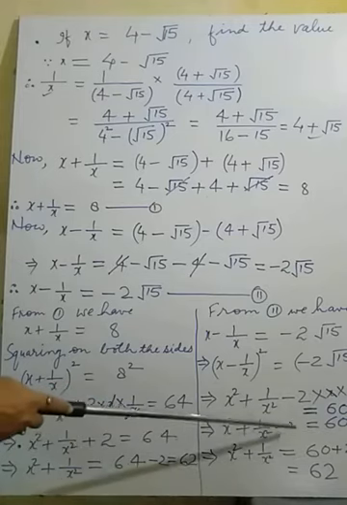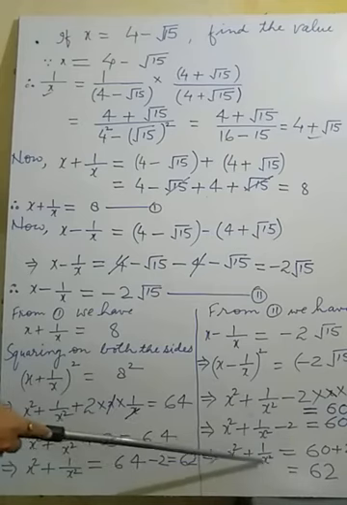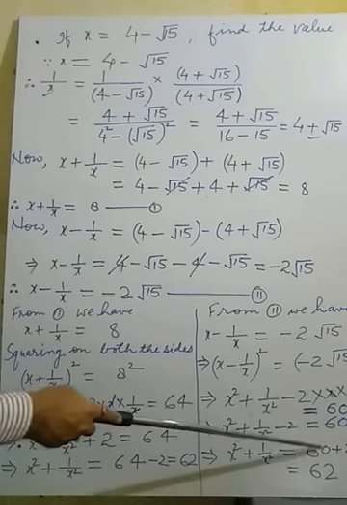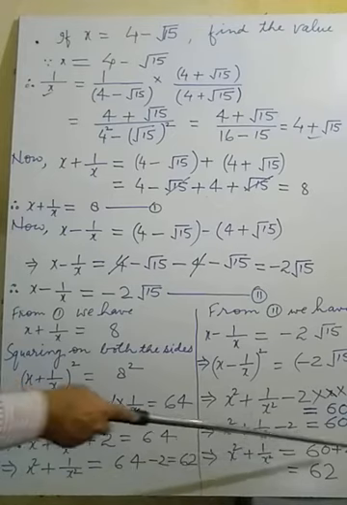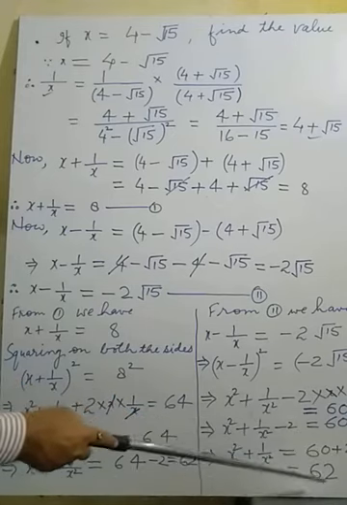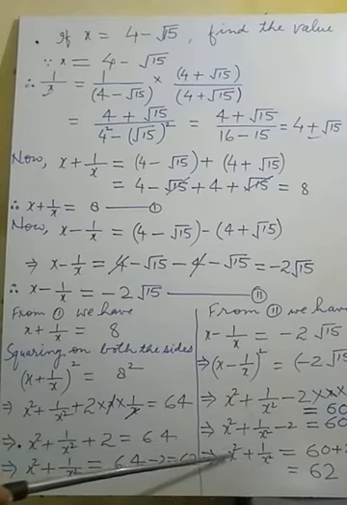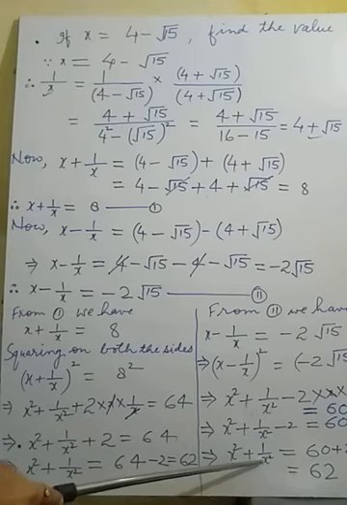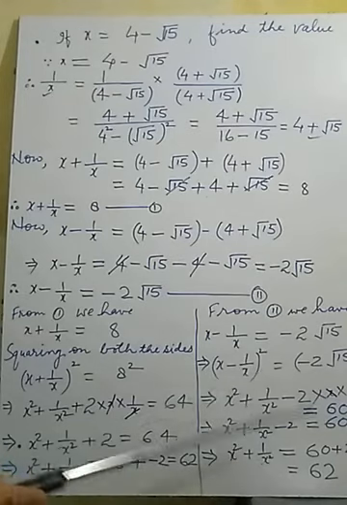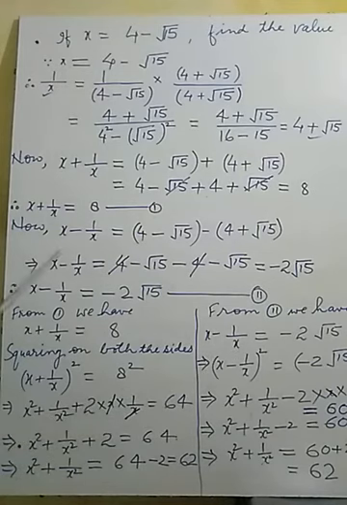This implies this minus 2 will be transposed there. So x square plus 1 upon x square equals 60, and this minus 2 will go in form of plus 2. So 60 plus 2 equals 62. So this x square plus 1 upon x square can be calculated by taking x minus 1 upon x, or you can take x plus 1 upon x.